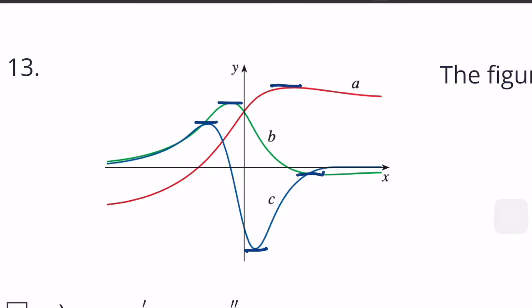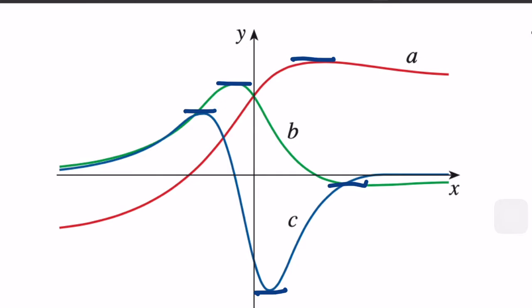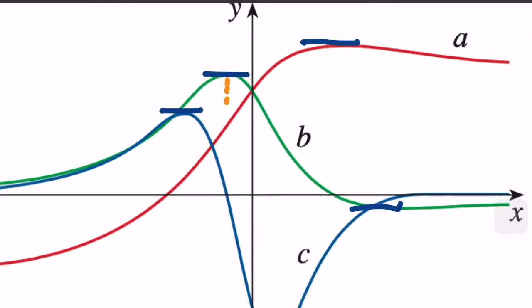Maybe you are thinking B and C are connected. Okay, so B, let's see, let me change the color first. You see here at this point, the extreme point, if you take some line, the slope is 0 at this point.